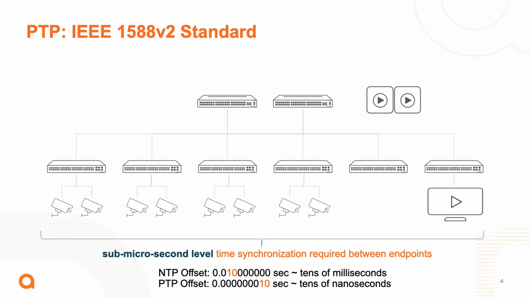So let's start with a boundary clock. This is a basic configuration. And in this case, we're deploying a boundary clock using an 8360 switch. And we're using a two-step process. We're using multicast IPv4.